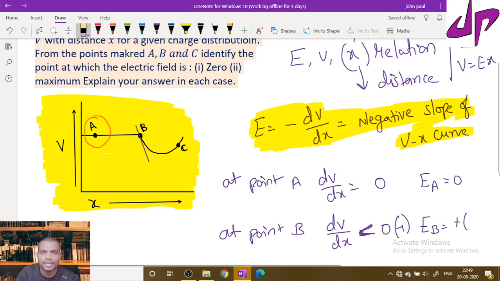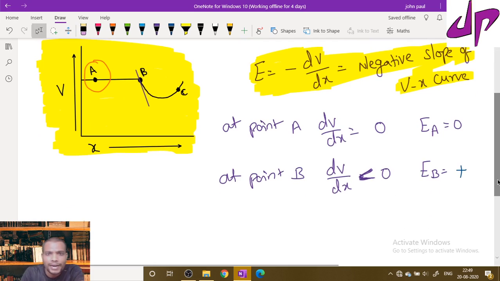Because the electric field is the negative of the slope, if the slope value is negative, the electric field value becomes positive. So the electric field at B is positive.